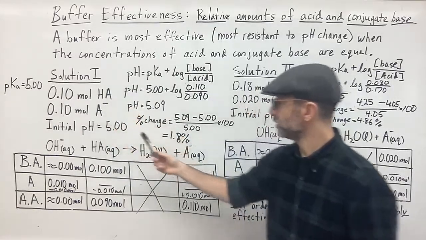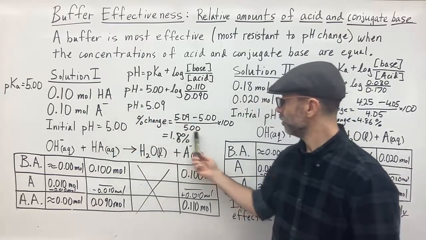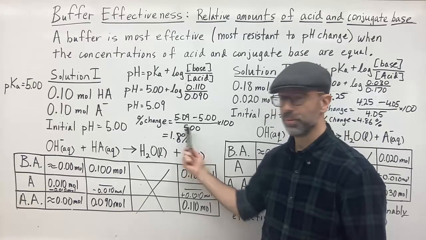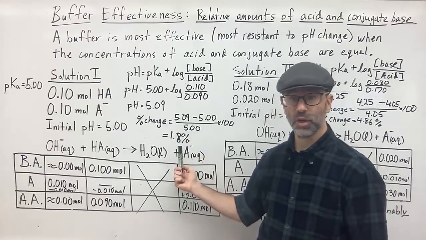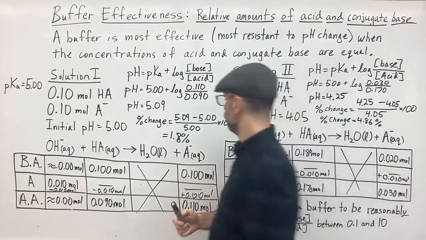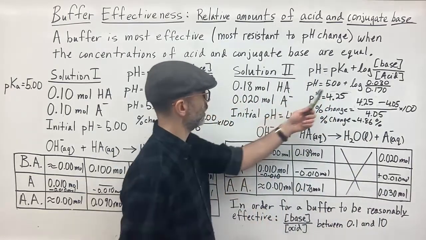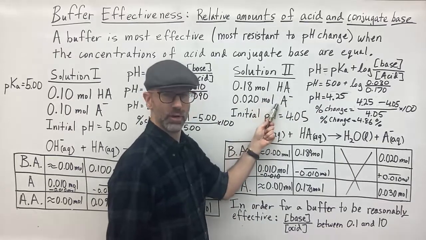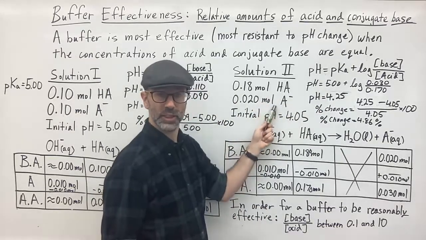And so right away, what you can see here is when the relative amounts of your acid and conjugate base are equal, then you get a change of only 1.8% in the pH. So the pH doesn't change as much when you compare it to if the acid and base are not relatively equal. So they're relatively different here.